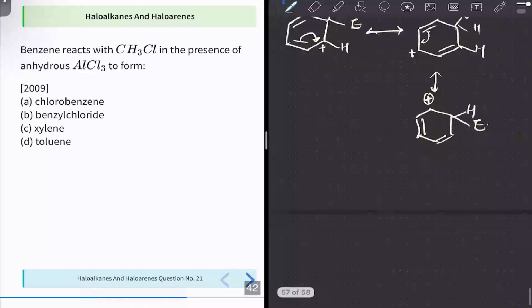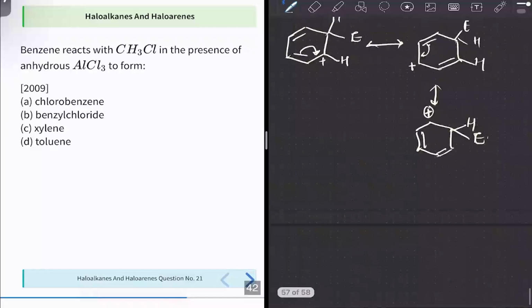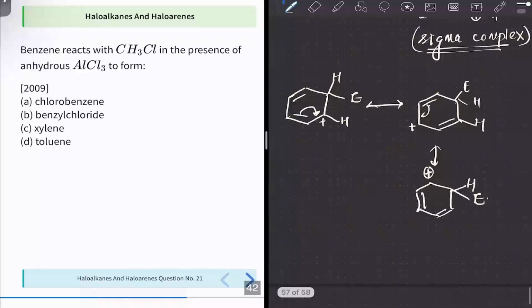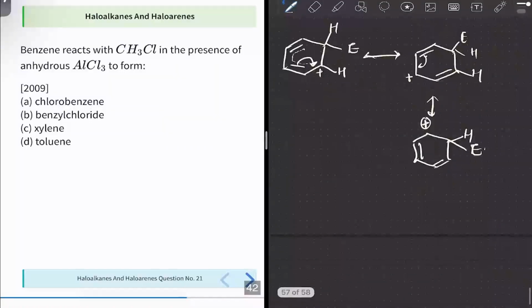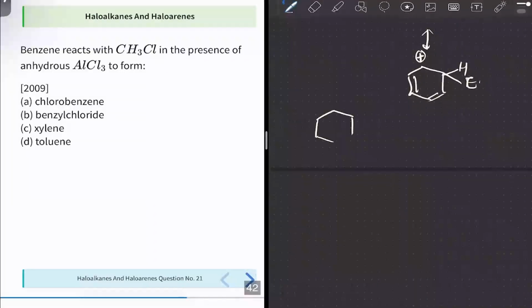So what will be the resonating structure? That is the hybrid structure. The electron cloud will be spread from this carbon to this carbon.